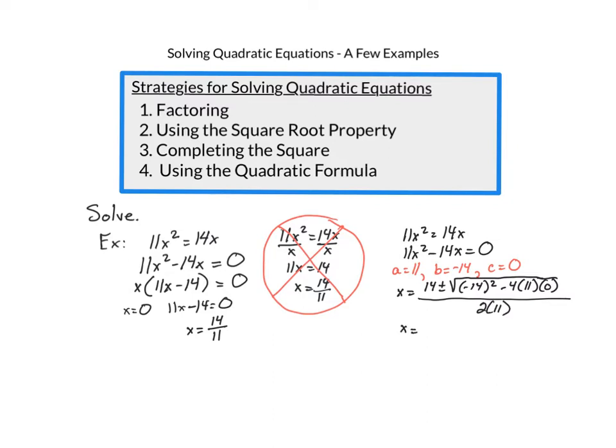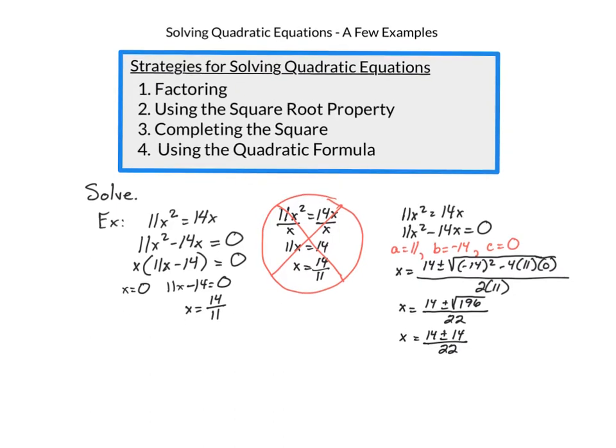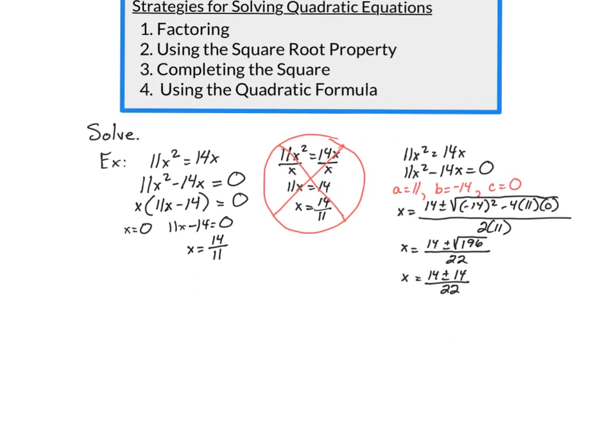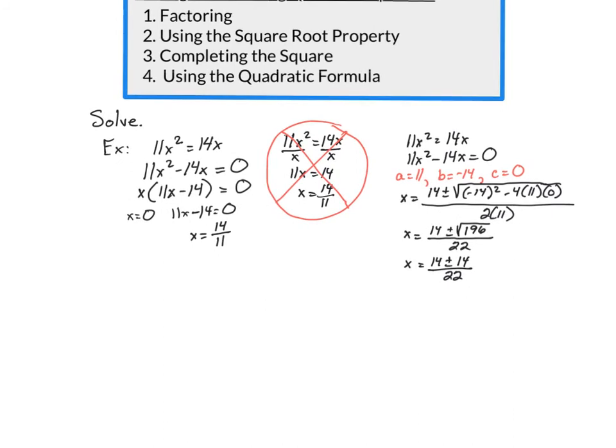So I have x equals 14 plus or minus the square root of 196 minus 0, so that's just the square root of 196, all over 22. We continue and we have x equals 14 plus or minus 14 over 22, because the square root of 196 is 14. Let me scoot it up. See, I'm needing more space for this problem. It's longer than it was when we solved it by factoring.